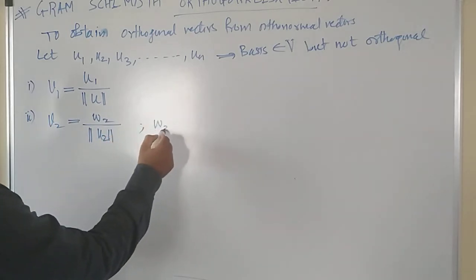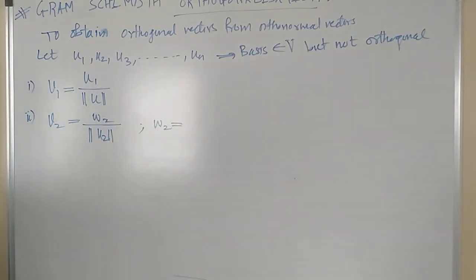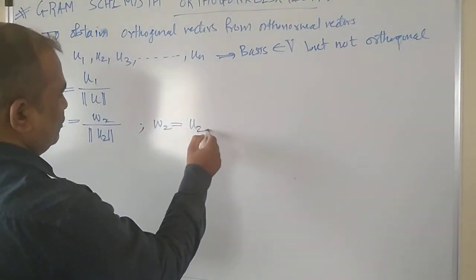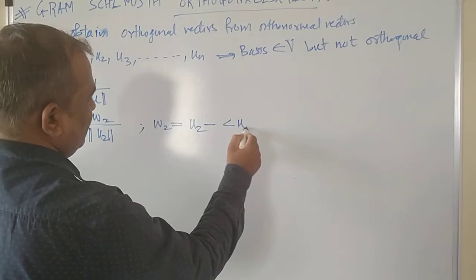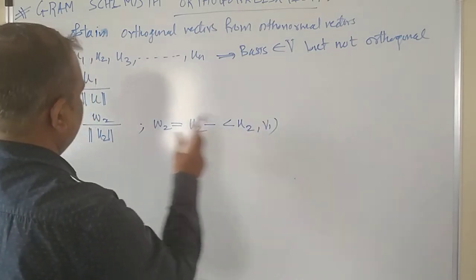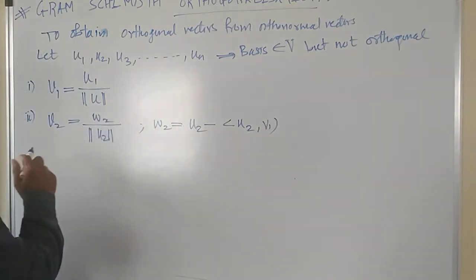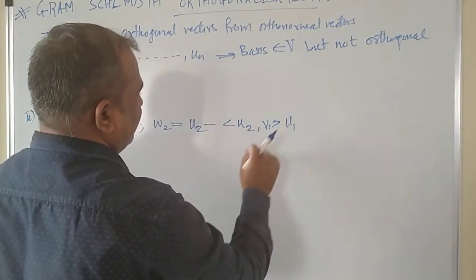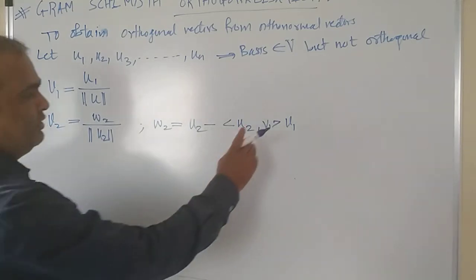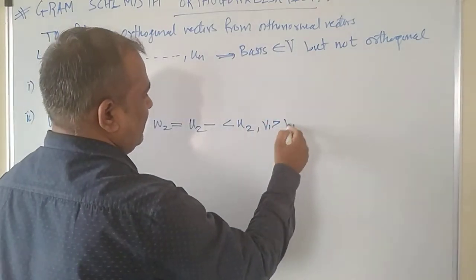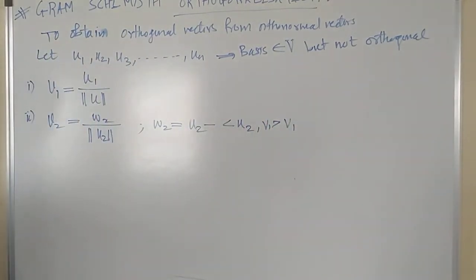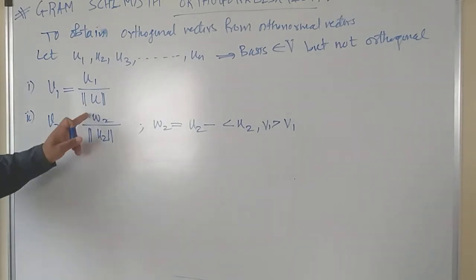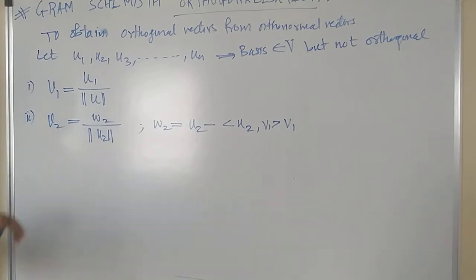There is a formula for w2: w2 is equal to u2 minus inner product of u2 with v1, the earlier calculated vector, into v1. This is not u, this is v1. So this is the formula to calculate w2, and w2 divided by its norm will be your v2.